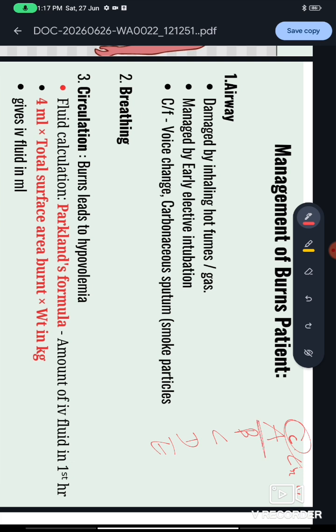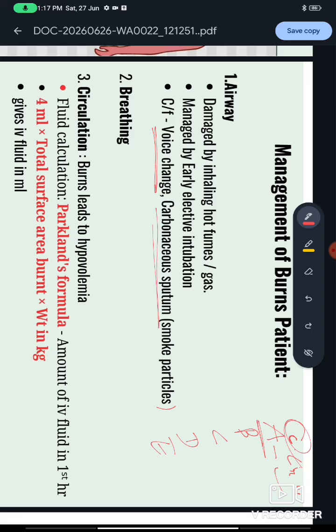How do you assess the airway? If the patient is able to speak, the airway is clear. Basic. So how do you manage the airway and what are the clinical changes that you need to see? Clinical features, voice change. If there is a change in voice, obstructed, squeaky, thinned out voice, it is characteristic of airway damage.